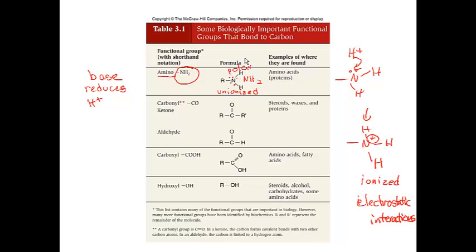So an amino group can be polar and charged at the same time. That's going to make that end of the molecule that contains the amino group reactive. It's also going to make it hydrophilic. Where will we see amino groups? They are very abundant in amino acids, hence the name amino. So look out for that.